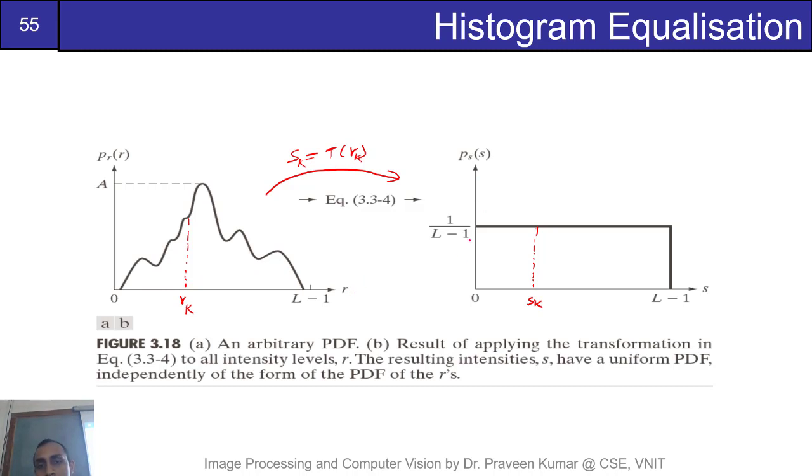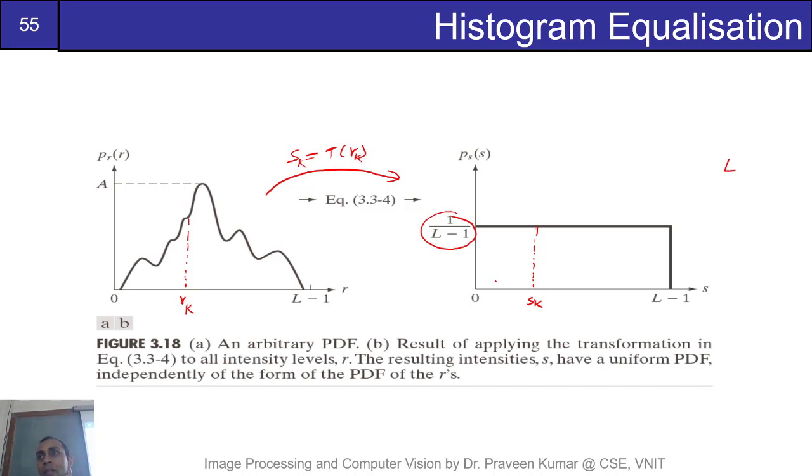So why am I plotting this? In this image, why am I choosing this value 1 by L minus 1? The range is from 0 to L minus 1, where L is the total number of intensity levels. Why am I taking 1 by L minus 1? I want a constant PDF function. And why should it be 1 by L minus 1? The values should be the same and the sum should be equal to 1.